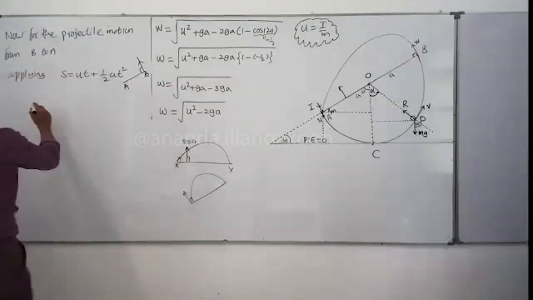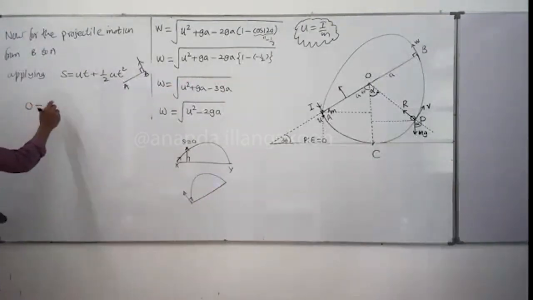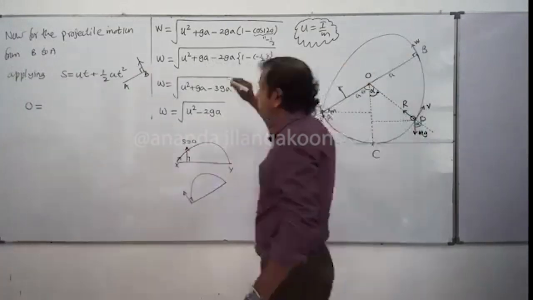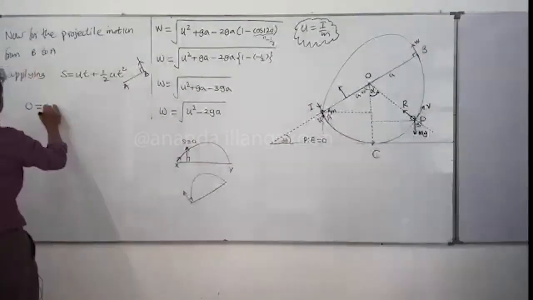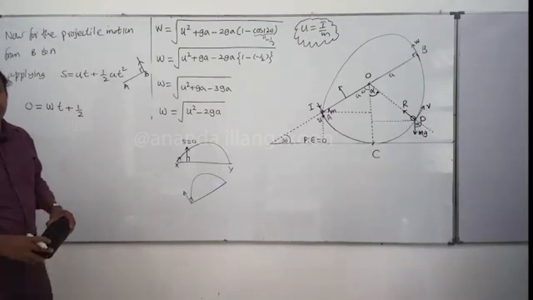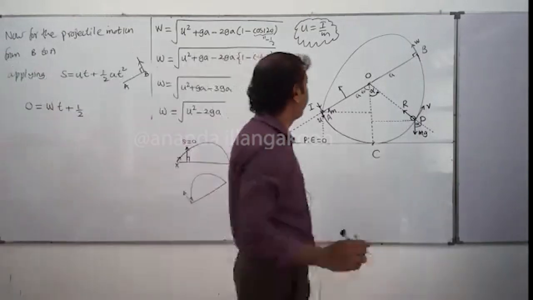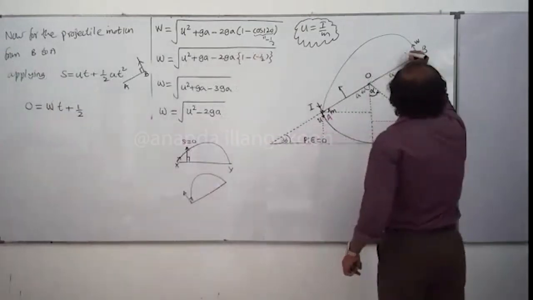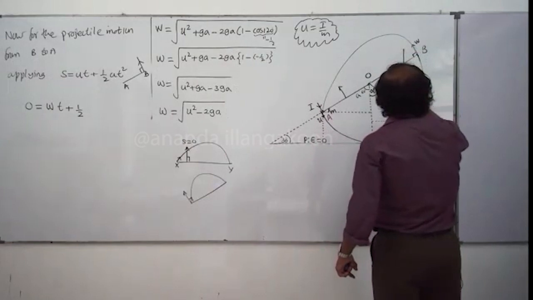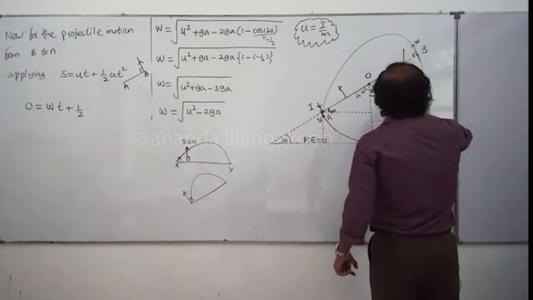S is 0. U is W exactly. W times T plus half acceleration due to gravity. That is the important one. Now, when we draw this, people, vertical downward, that g is available.